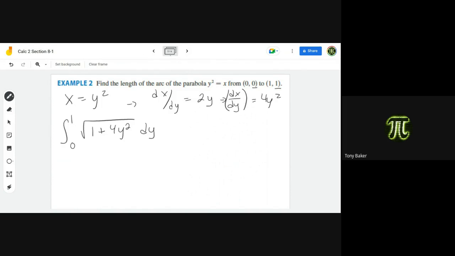So we have to do trig substitution for this problem. This is the 1 plus the 4y squared, so we have to do trig sub. All right, so what is our substitution going to be? What's the one with the 1 plus? A tangent of theta.